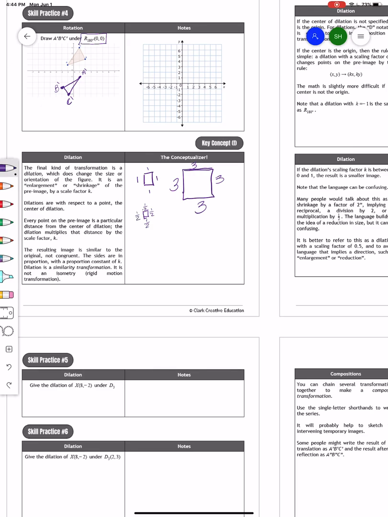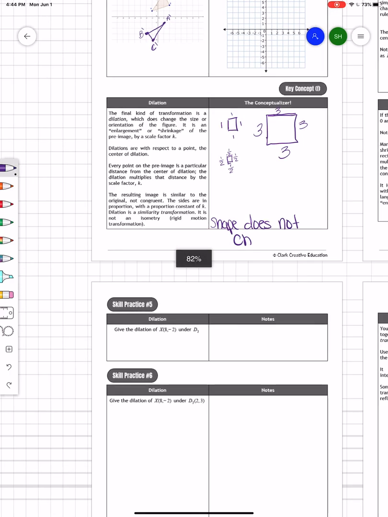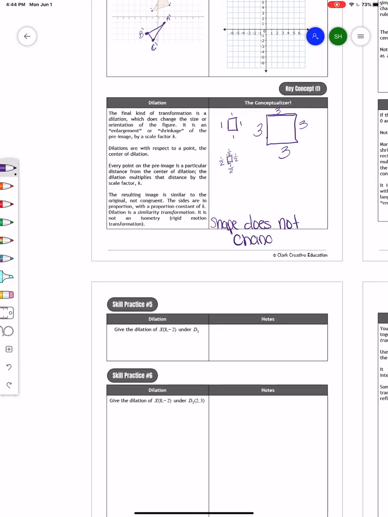The shape is not changing, only the size of the shape is changing. And that's what's important. Shape does not change. So, don't worry, y'all. I got some help with that too, okay?